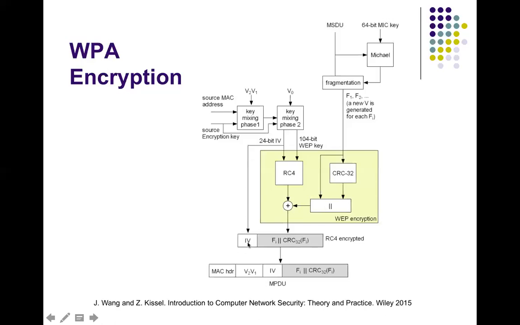You put the initial vector here, and then you get an MPDU frame, and you send it out. So there's a MAC header, the initial vector, W2, W1. This is the IV here, and so you send this one out.